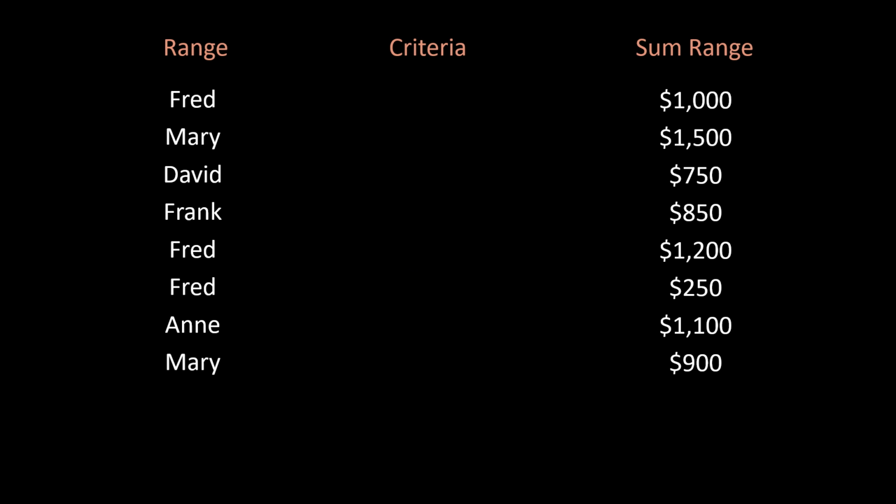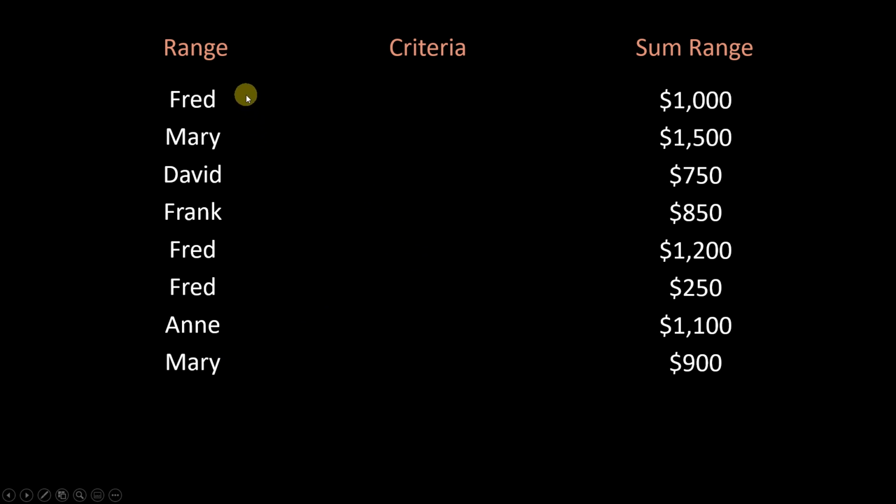Sumif uses three particular parameters. The first one is the range, and the range is really like a lookup range. This range would be an area within the spreadsheet, most likely a column, and the column would have a reference, like maybe from C3 to C20, with people's names.